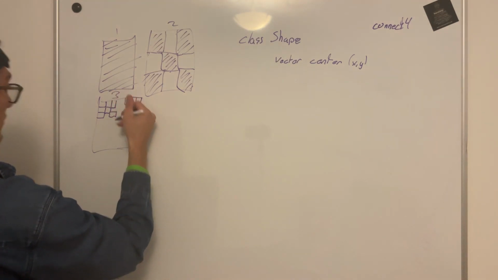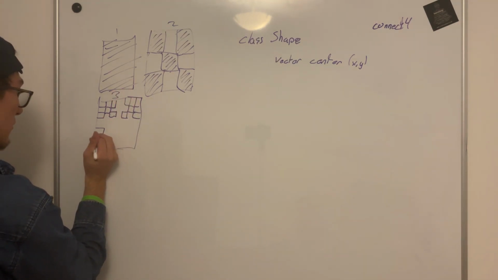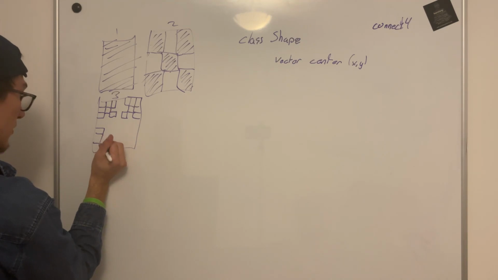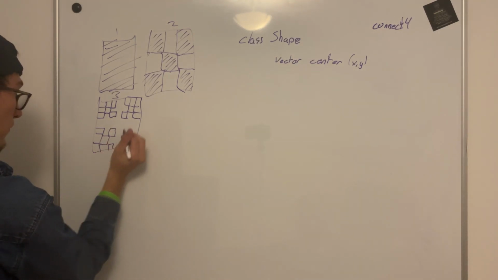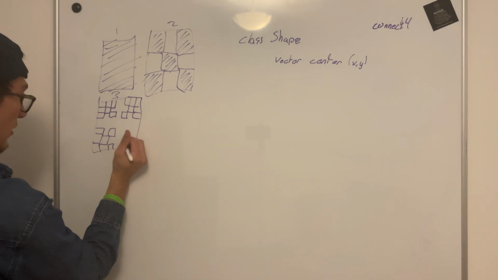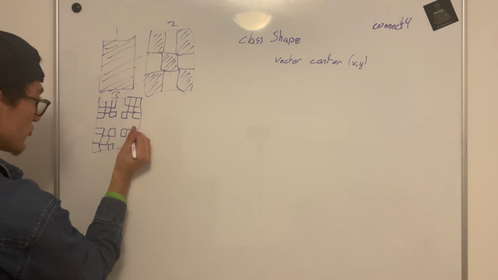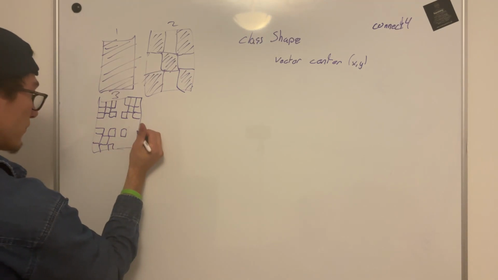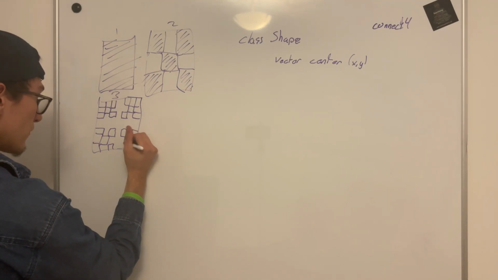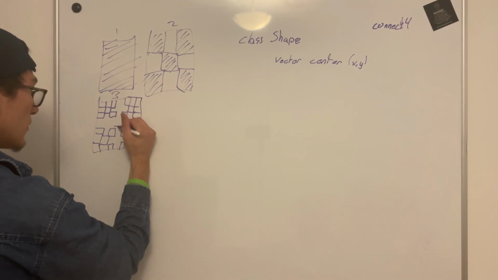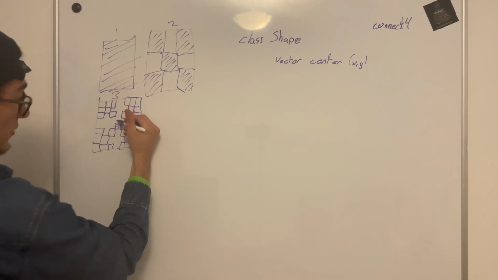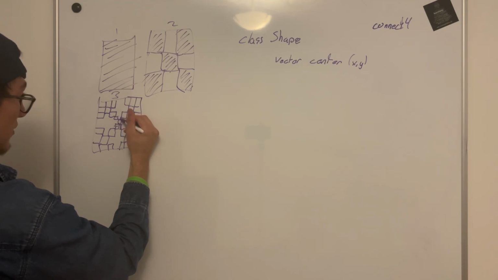Well, this space should be bigger, but in any case, we'll have something like this. We'll have the same thing in the middle. I think I did it a little bit too small, but hopefully you get the idea, right?